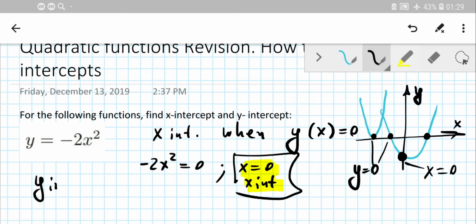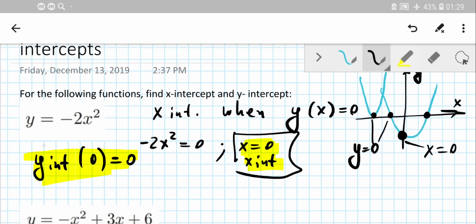So the y-intercept is 0 also, okay? So that's the answer to the first one. One more time, do it properly: 0 stands for the x-intercept and 0 stands for y.